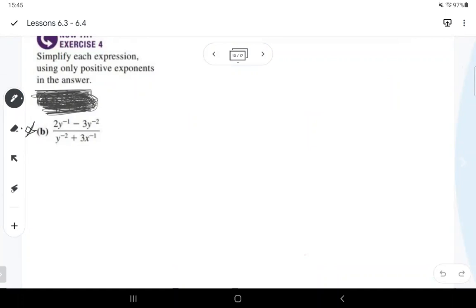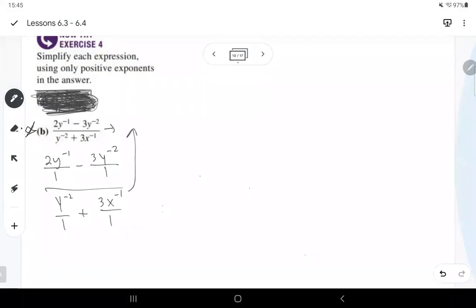Again, you want to put in your ones everywhere. At least I recommend doing that. So 2y to the negative 1 over 1 minus 3y to the negative 2, over y to the negative 2 over 1 plus 3 to the x minus 1 over 1. Once you get the hang of it, you don't have to keep doing this, but I definitely recommend doing it the first few times.